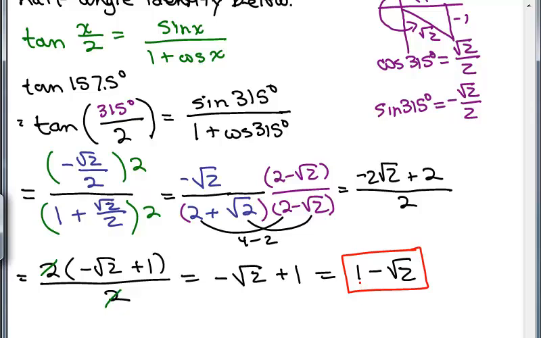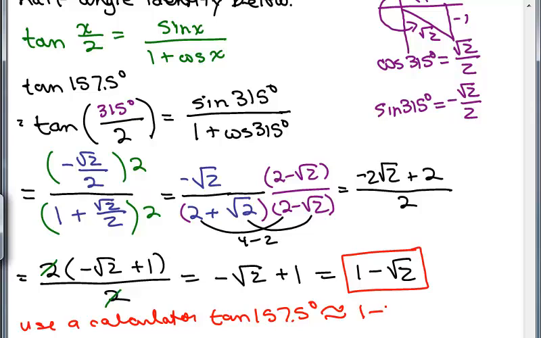Now here's a way to make sure that that is the exact answer. In your calculator, put in 1 minus square root of 2. So you could use a calculator to verify that if you put in the tangent of 157.5 degrees, it's approximately the same thing as when you plug in 1 minus square root of 2.